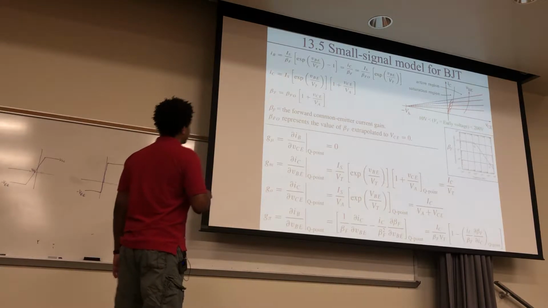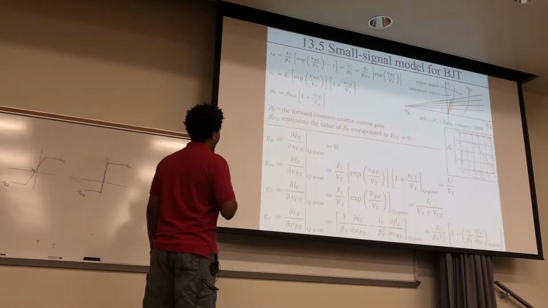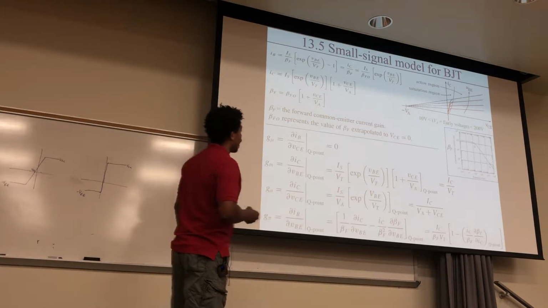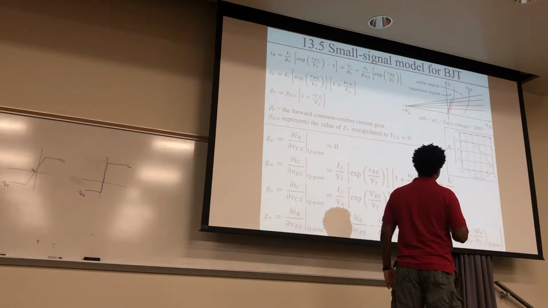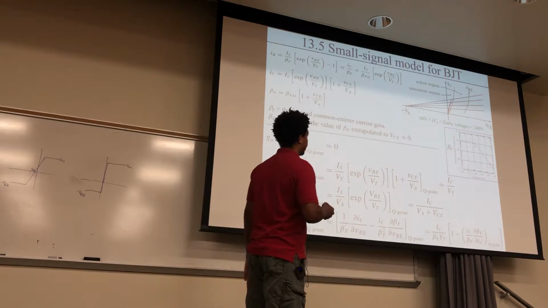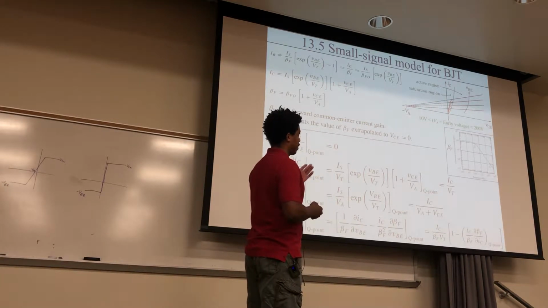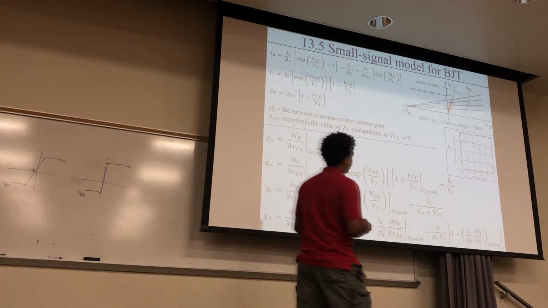Now this beta F is the forward common emitter current gain. I got this plot from chapter 4 or 5, where it first introduces it. So this is beta F as a function of frequency. We'll see how that plays between the FET later on in the lecture.